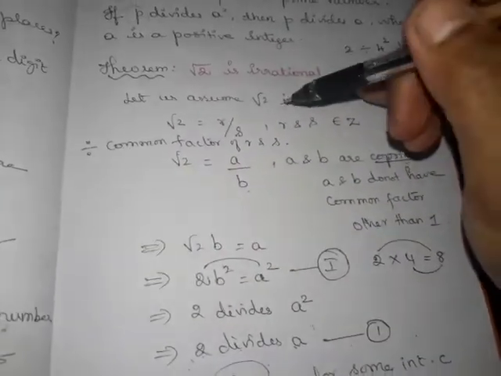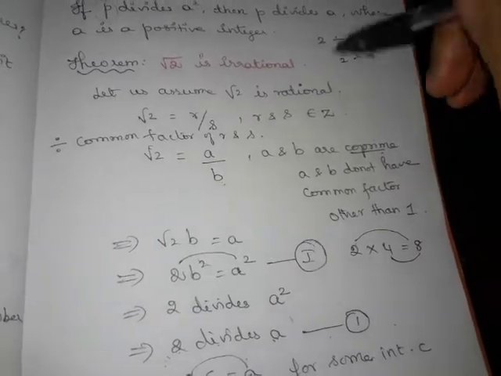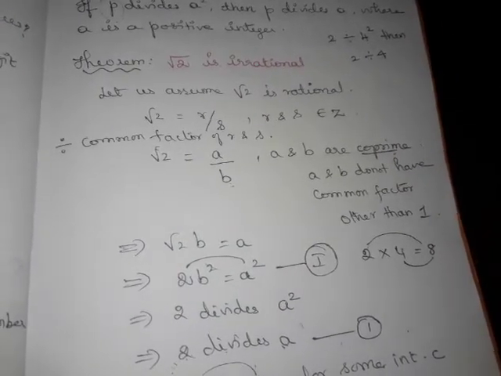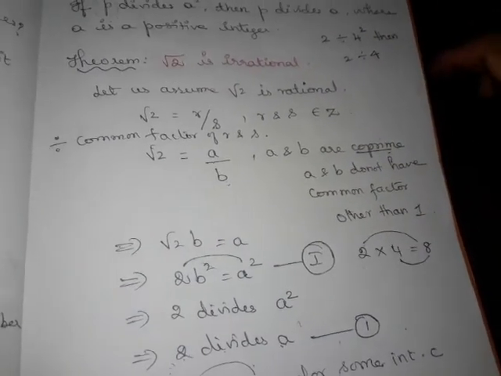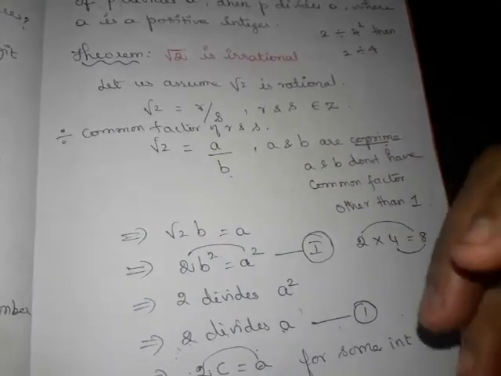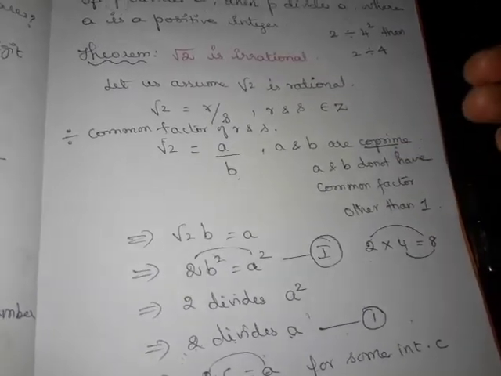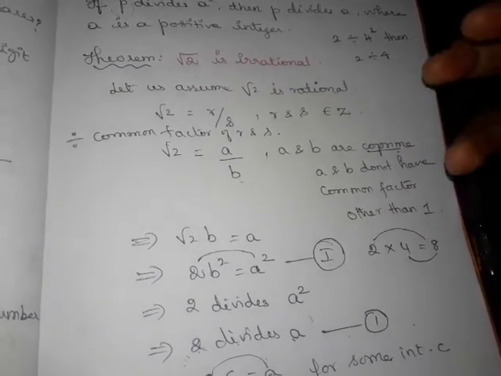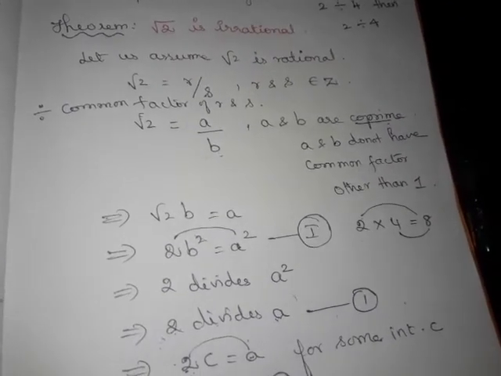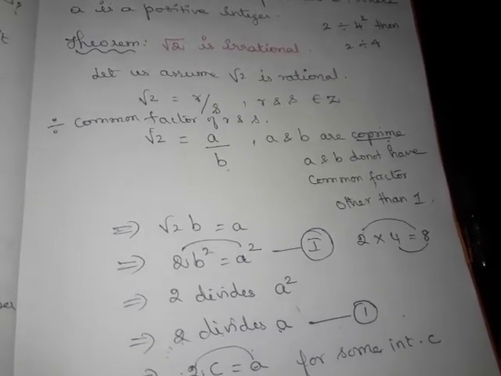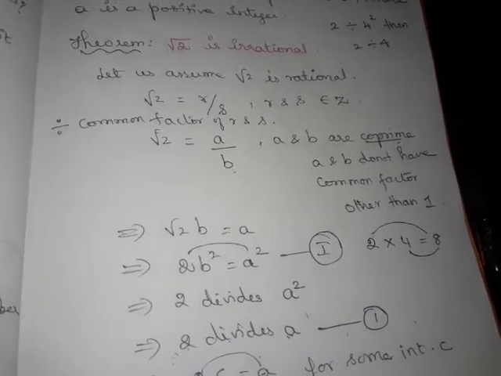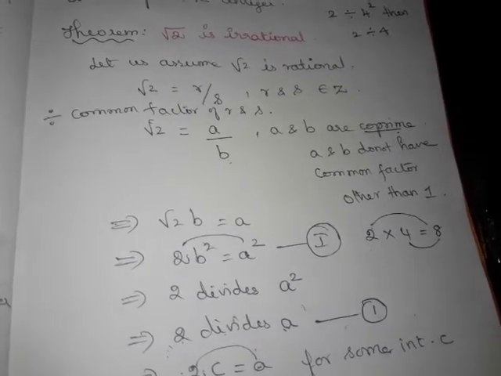Because of our wrong assumption that root 2 is rational, and hence root 2 is an irrational number. Yes, hope you understood. We are going to follow the same procedure, keeping this as our theorem, in proving a given number is irrational. Let me solve one more example so that you will get better clarity.